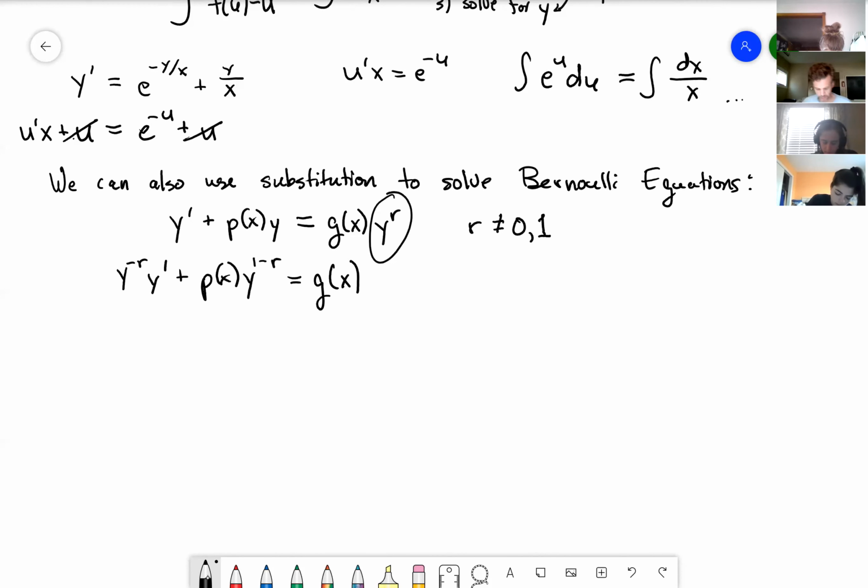And it looks like we're pretty close to a linear equation. The only problem is that instead of a y here, we have a y to the 1 minus r. So we're going to make that our substitution. So u is equal to y to the 1 minus r.